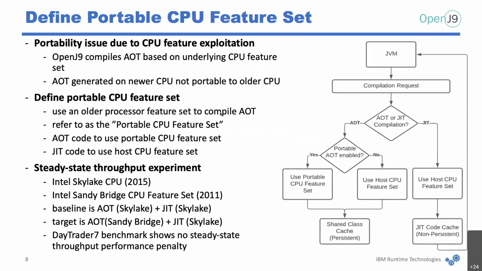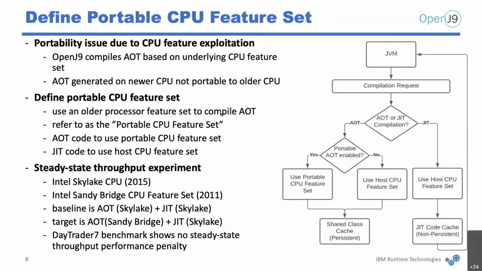Starting with addressing the portability issue caused by CPU feature exploitation. The solution is to try to reduce down the number of CPU features that we exploit. We are only going to utilize the most common ones, so that the majority of the CPUs can understand and run the code.